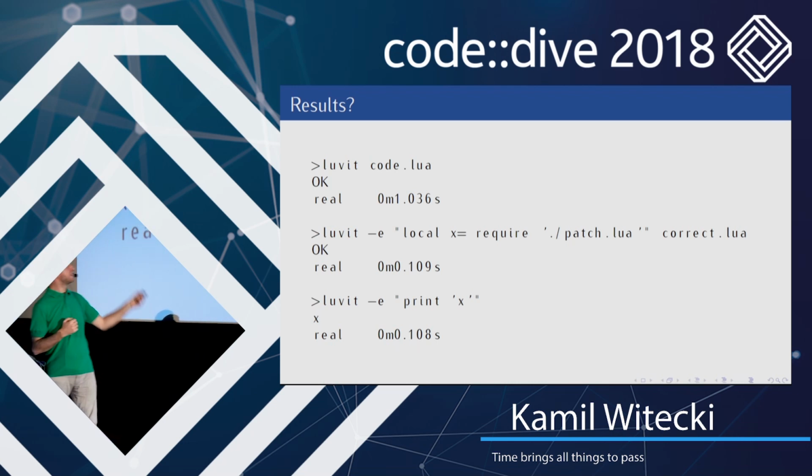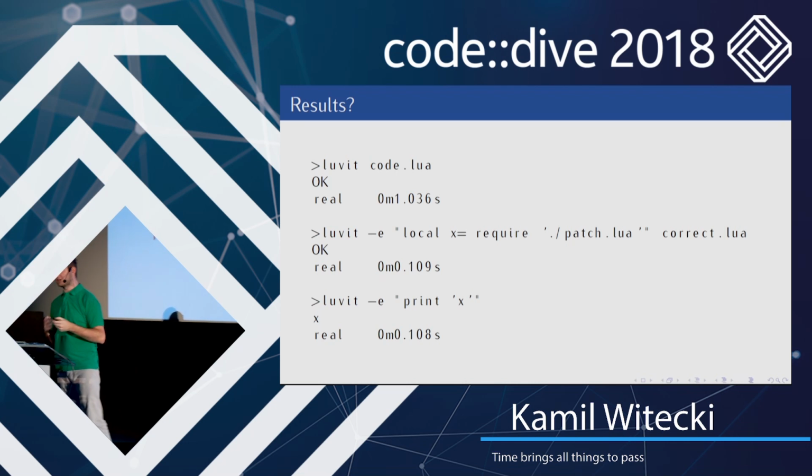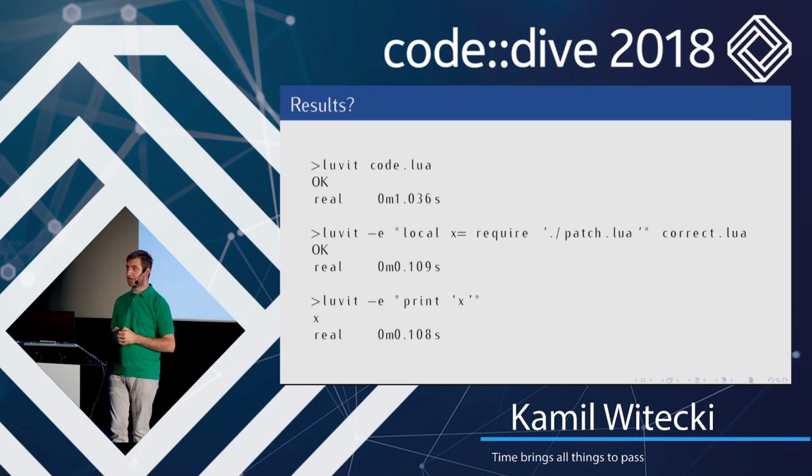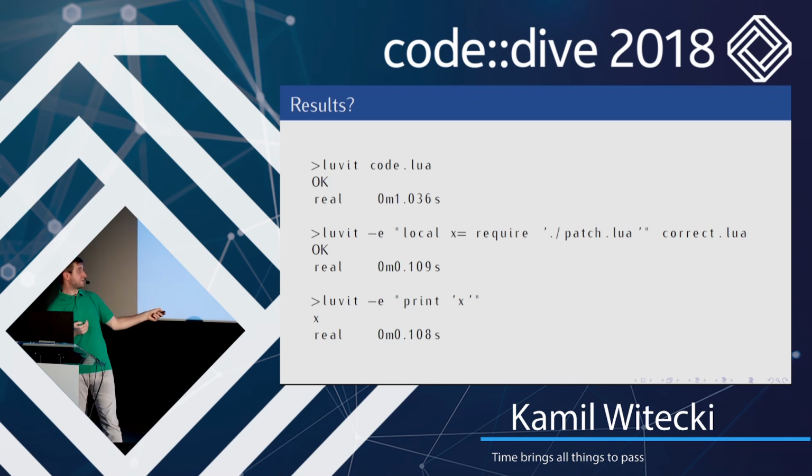And now if I run my code, this very simple example, with that kind of timer, with that kind of patch, everything works fine, and the real execution time is 10 times faster. So no matter I had this 1 second timer, it's now 10 times faster. And what is more, if I take just the Loveit, just the execution engine, and I ask it to execute print x from the command line, it takes not much less.